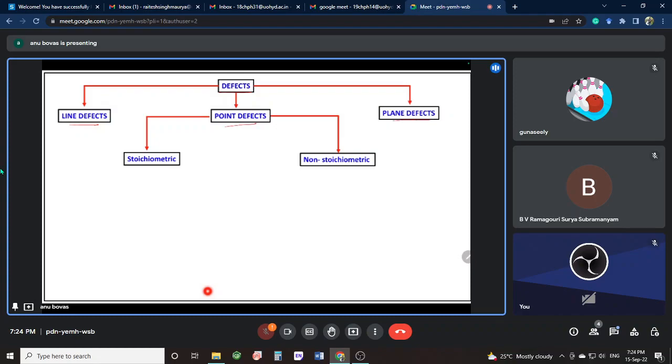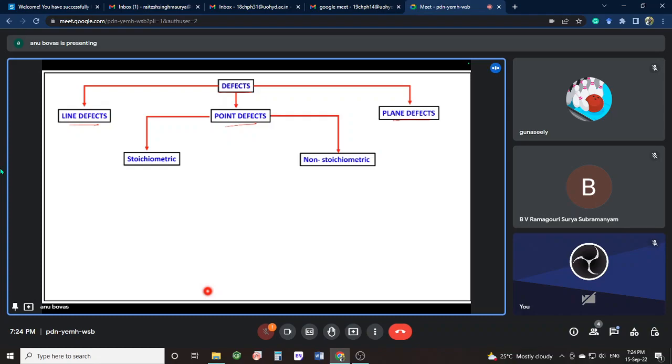In point defect, which is also called a zero-dimensional defect, from the ideal arrangement, there will be only a limited region or a few lattice points which will be missing or dislocated, or extra atoms will be present. And this imperfection is caused in the case of point defects.